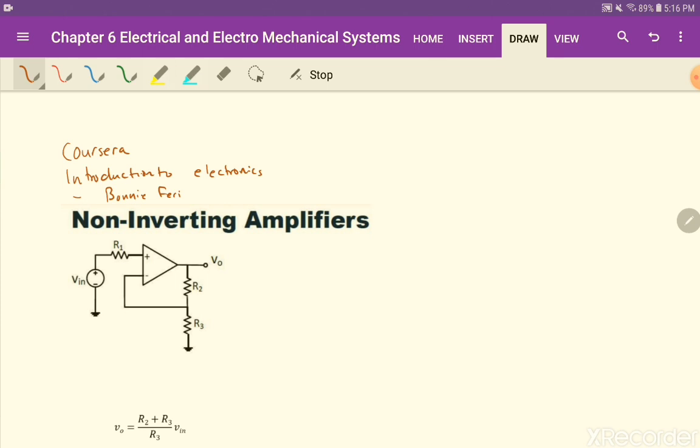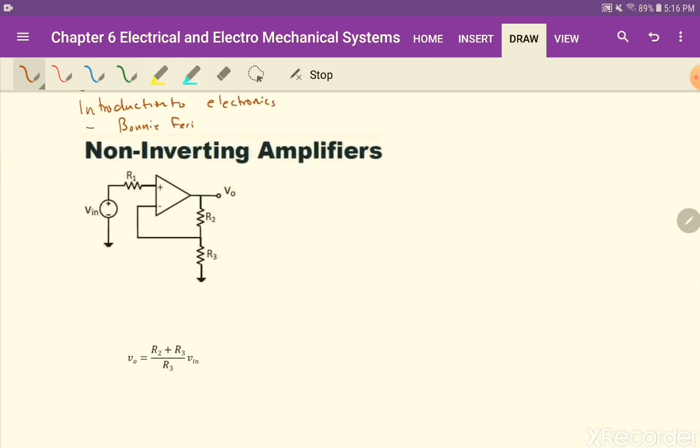So let's see. This is a non-inverting amplifier. You can see this looks very different from what we had. What did we have?